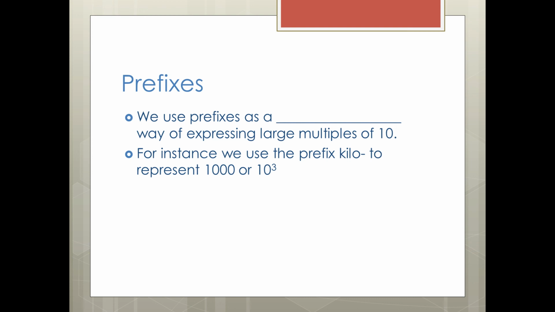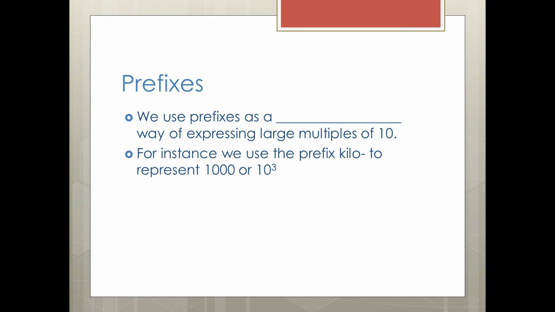However, when you get into the negative exponents, you have to start thinking fractions, like 1/10, 1/100th, 1/1,000th. So, for instance, we might talk about a millimeter. 1 millimeter would be 1 times 10 to the negative third, or literally 1 over 1,000. It makes it very small, and a millimeter is very small.